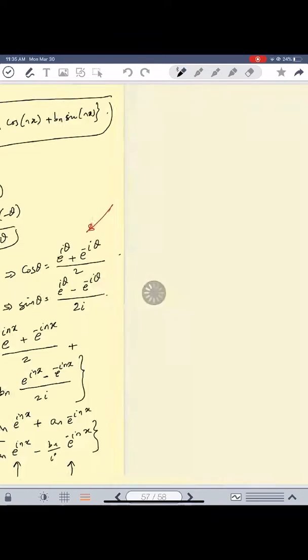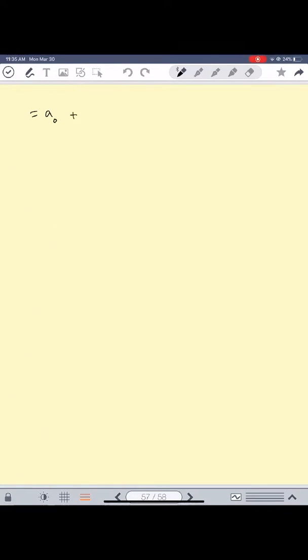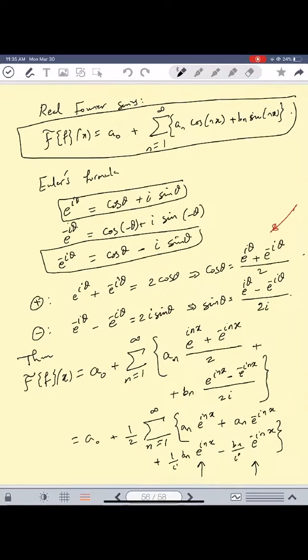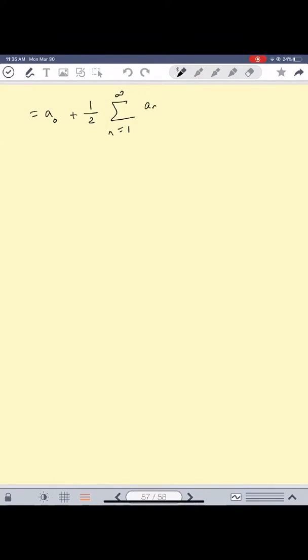So I will have a naught, plus I have half the sum from 1 to infinity. Again, I'm taking these two terms together, so what we get is a_n plus b_n over i e to the i nx.